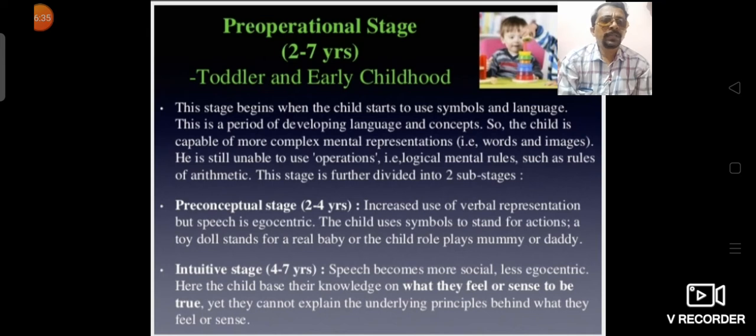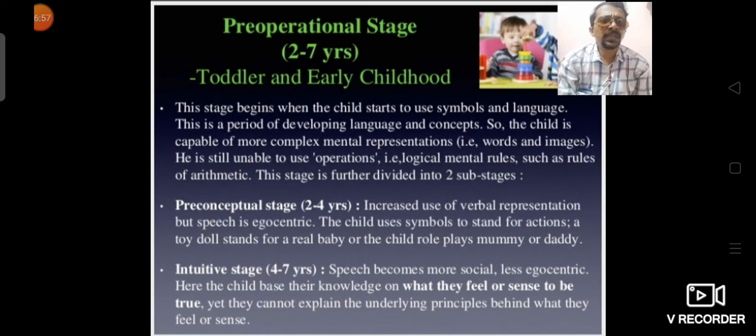They are not able to think logically, but here the major development is what? Symbols, language, concepts, etc.